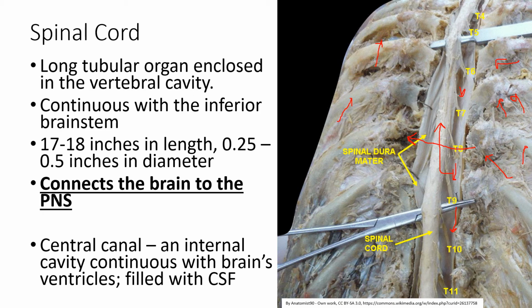In the middle of the spinal cord, there's a tiny canal called the central canal, and it's continuous with the brain's ventricles. This central canal is filled with cerebrospinal fluid, just like the ventricles of the brain.